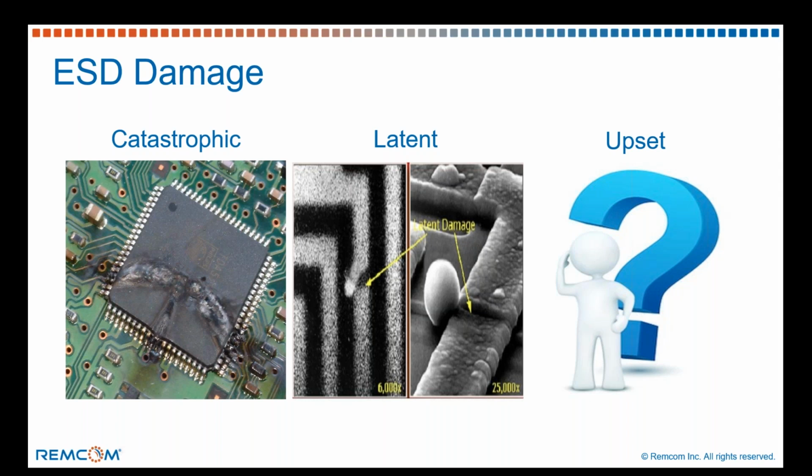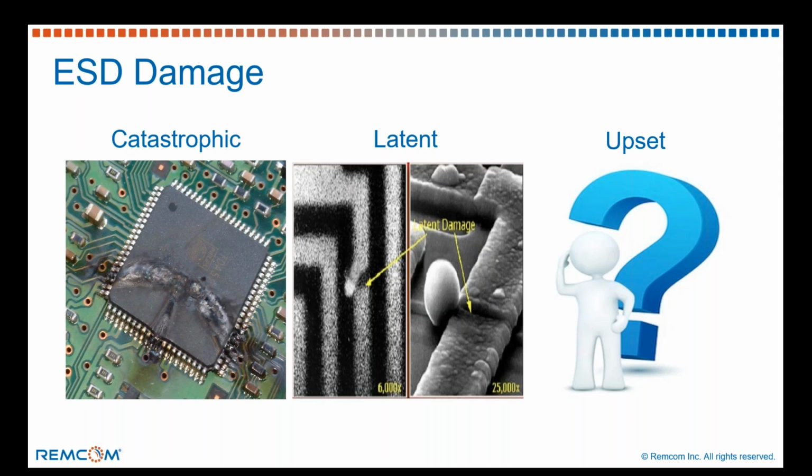So for latent damage, there's a really good chance that this device has suffered this failure during ESD testing, but it's going to pass and it's going to end up in the consumer's hands. And over time, that damage is probably going to have subsequent discharges across that gap. So there's a really good chance that it's going to fail in the consumer's hands. That's a much worse scenario, and you would have warranty claims in that case.